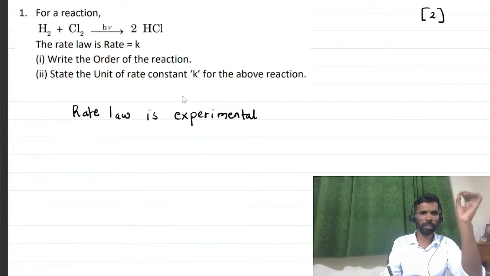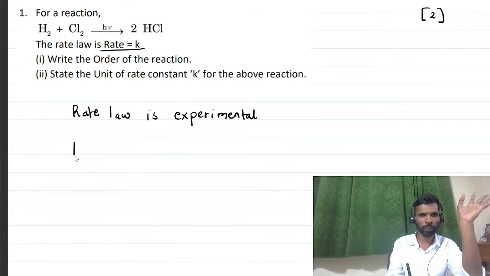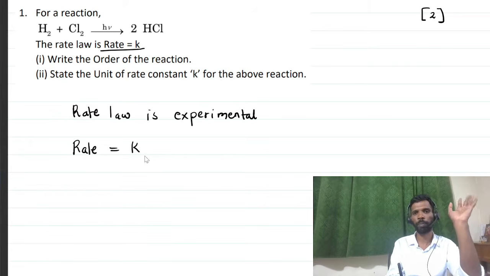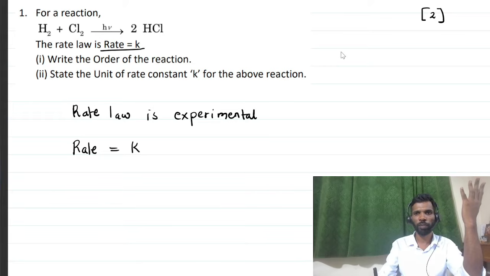So over here, the equation is given this way: H2 and Cl2 giving 2 moles of HCl. And what is the rate law given? Rate law is given as just rate is equal to K. How do we usually write the rate law?